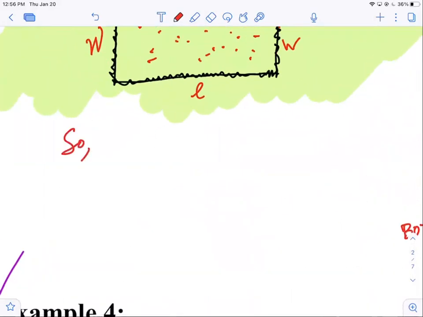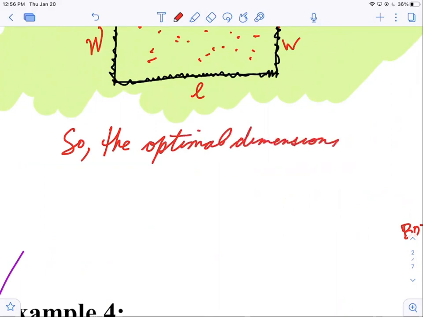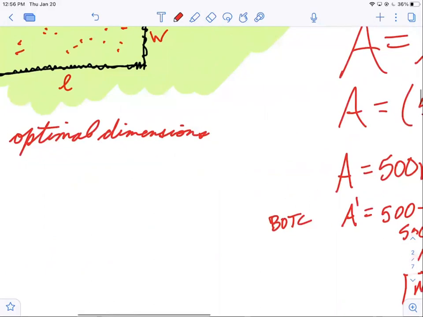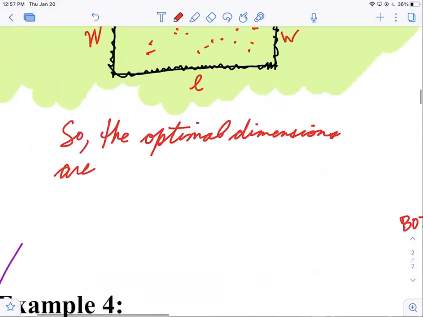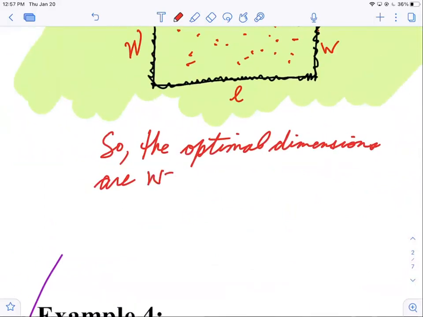So let's come over here. If you want to put this word in there, the optimal dimensions, you don't have to say of the field, are, and then we'll put W equals 125 inches. And I guess L has to be 125 as well, right?